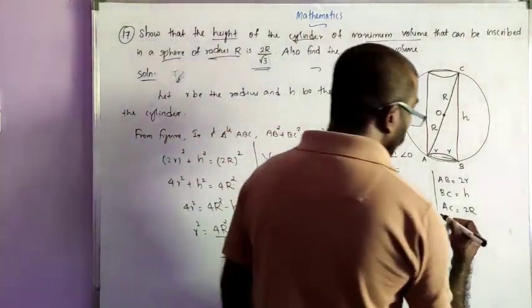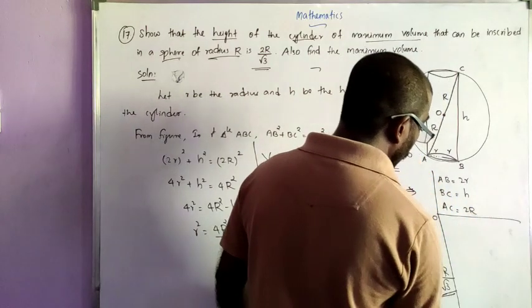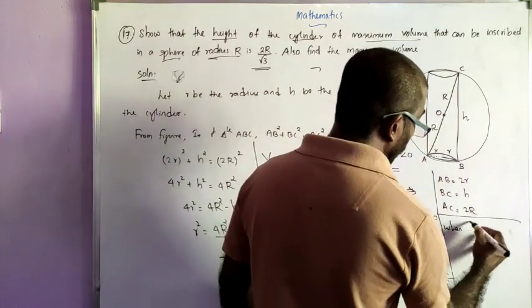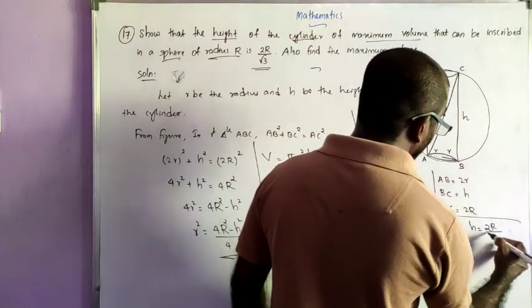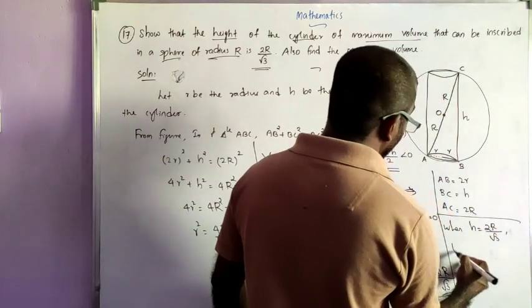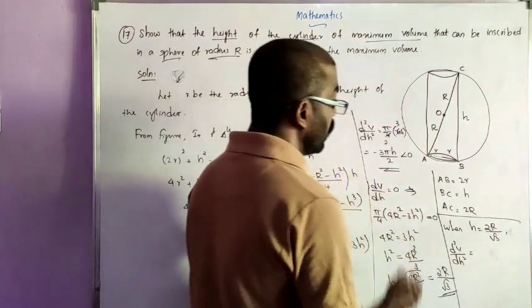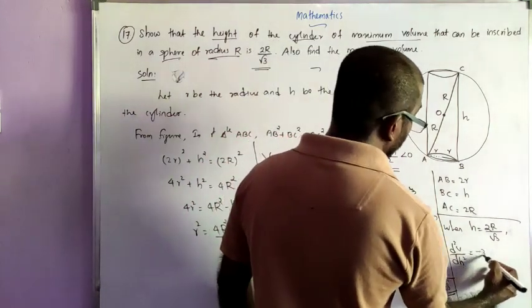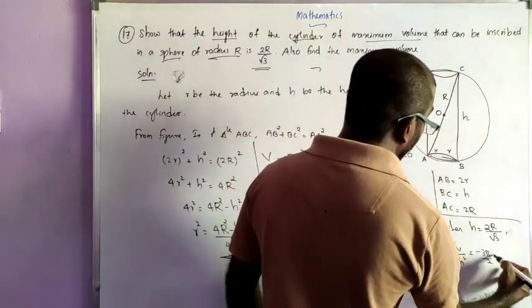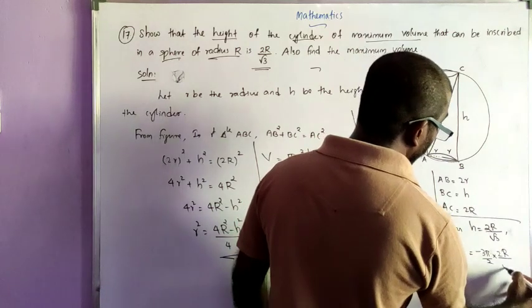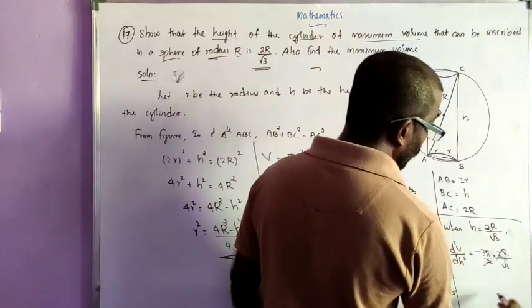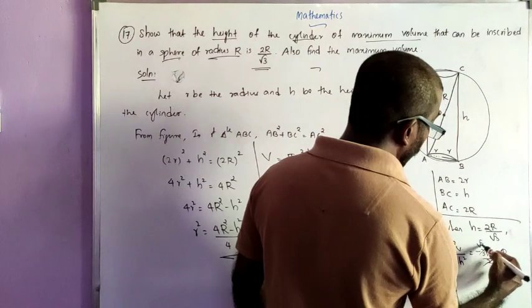Now we can check the sign of the second order derivative at this point. When H is equal to 2R by root 3, d square V by dH square equal to, replacing the value, minus 3 pi by 2 into 2R by root 3. The 2 and 2 cancel, 3 and root 3 cancel, leaving root 3.